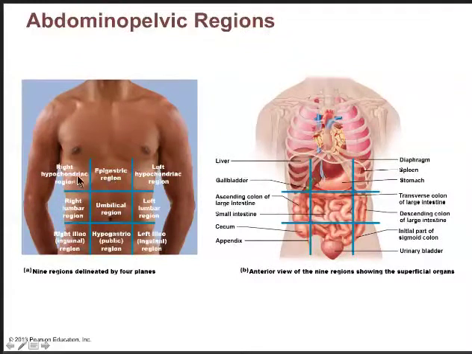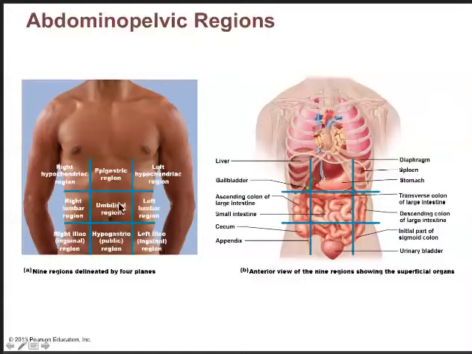The right and the left hypochondriac regions refer to their location below the chondral cartilages, which are the connective tissue that link the ribs to the sternum. You can see them here and here. And hypo means beneath, and chondriac meaning pertaining to the chondral cartilage.